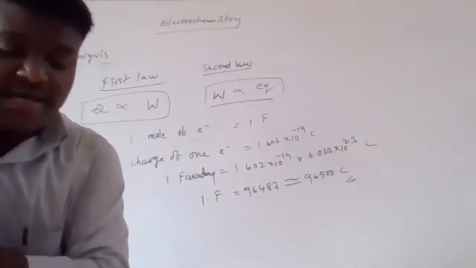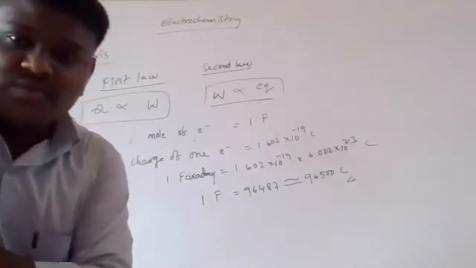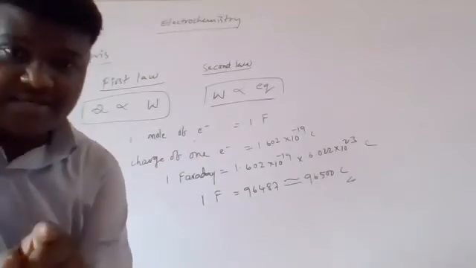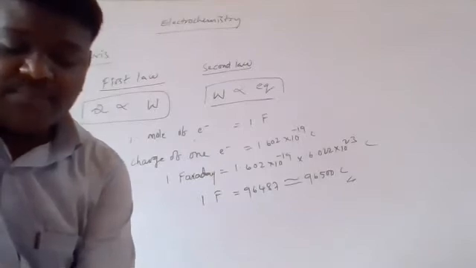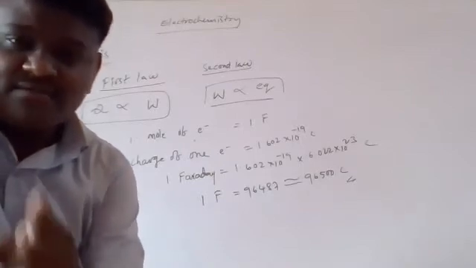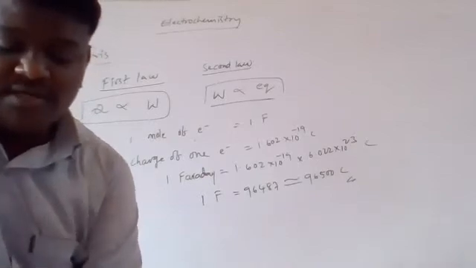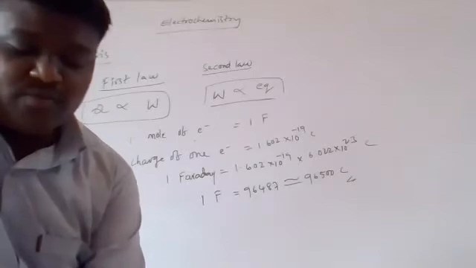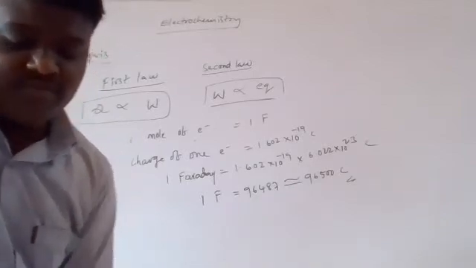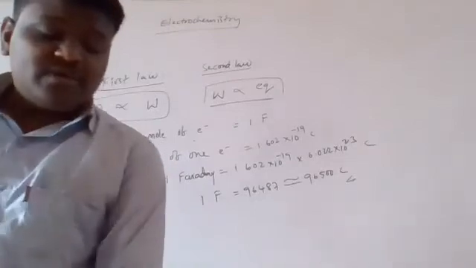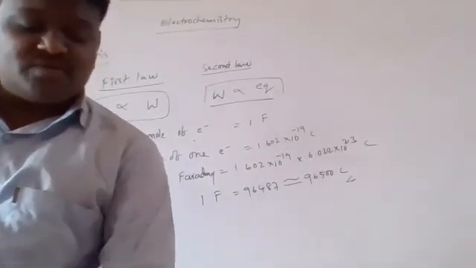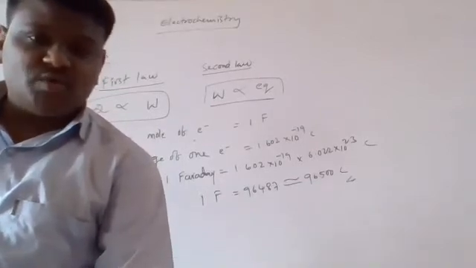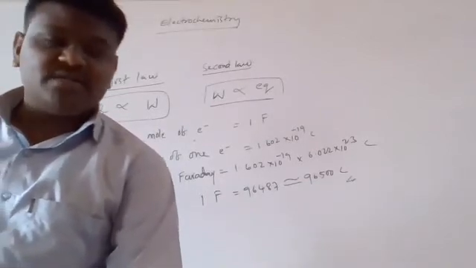If I ampere current is passed through an electrolytic cell, current is measured in amperes, so ampere is indicated by I. If I ampere current is passed through the electrolytic cell for t seconds, the quantity of electricity Q in coulomb unit can be calculated by the following equation.